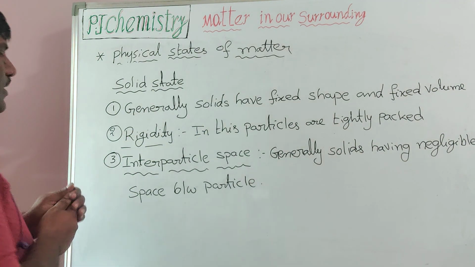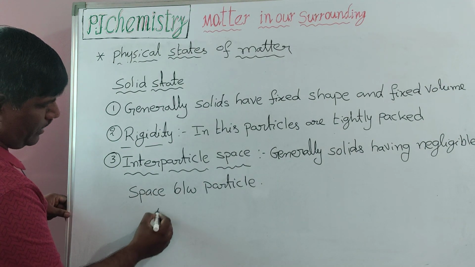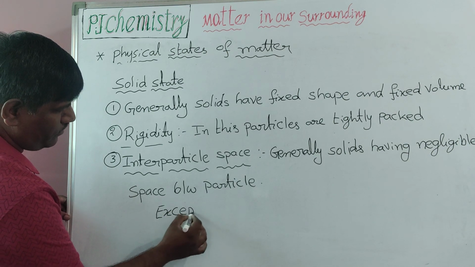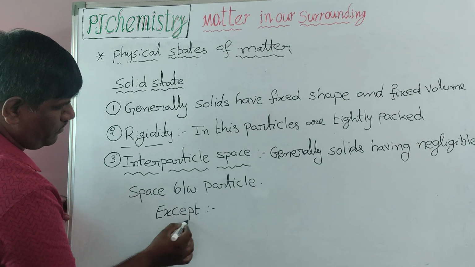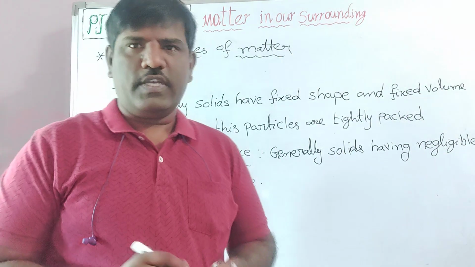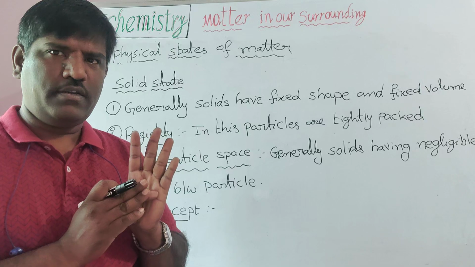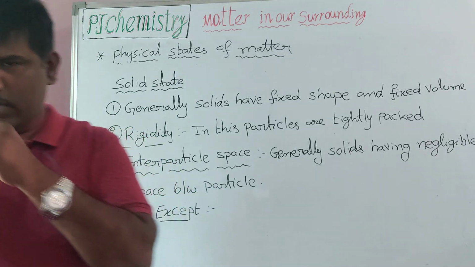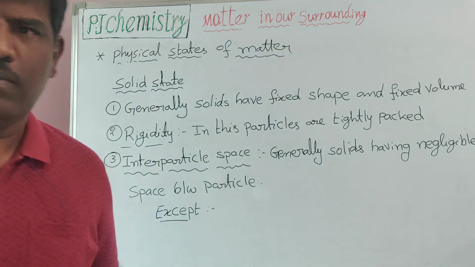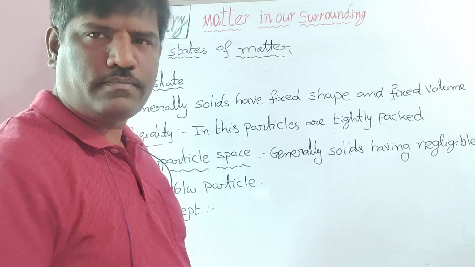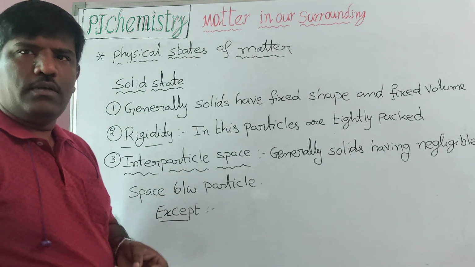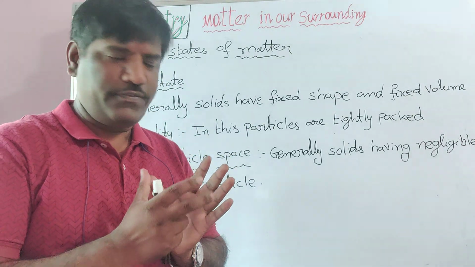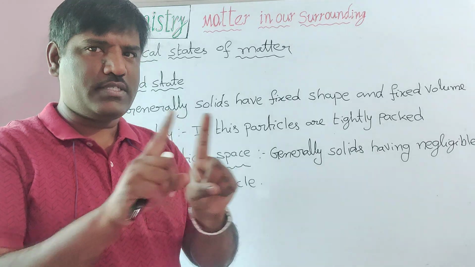Now, what are the exceptions? For example, if we take a rubber band, sponge, or cotton. If you observe, a rubber band can be stretched.